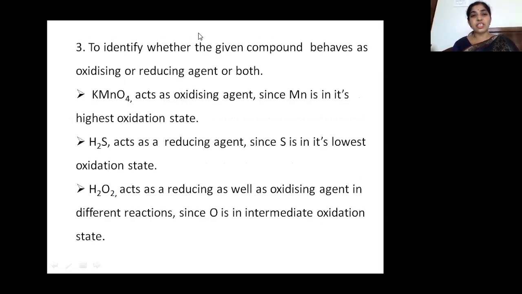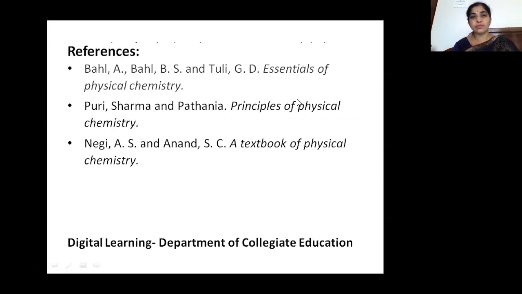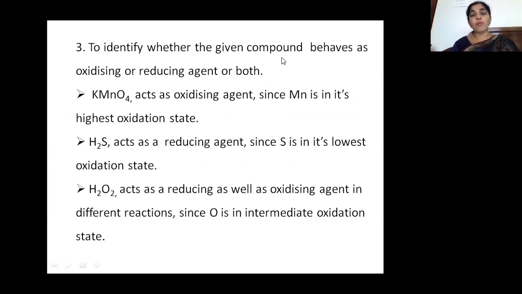Third application is to identify whether the given compound behaves as oxidizing or reducing agent or both. Suppose if we consider potassium permanganate, it acts as an oxidizing agent since manganese is in its highest oxidation state.